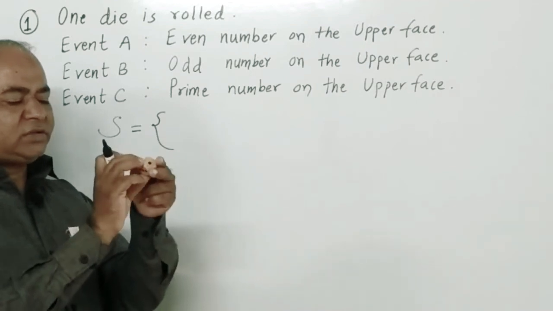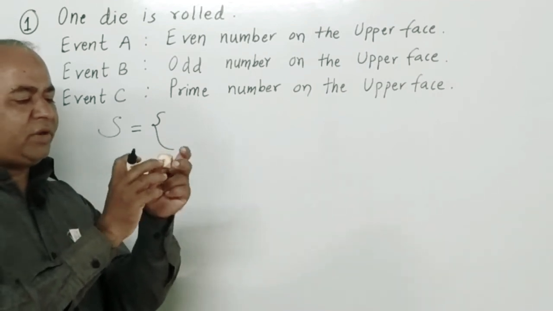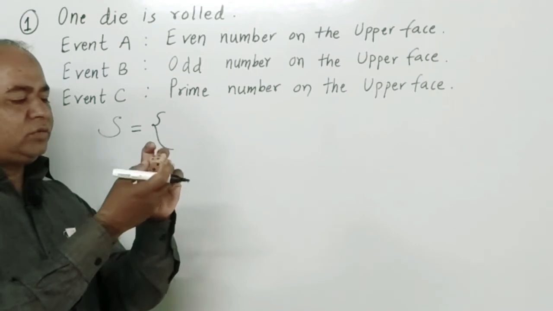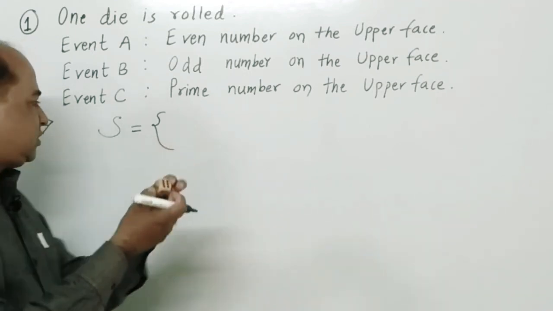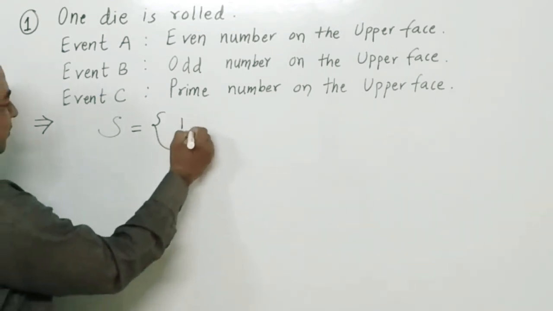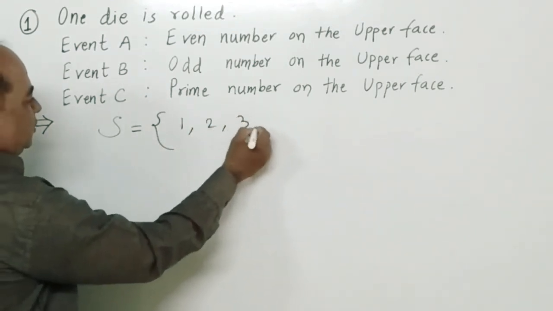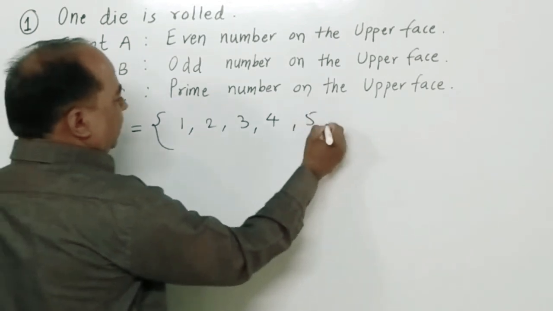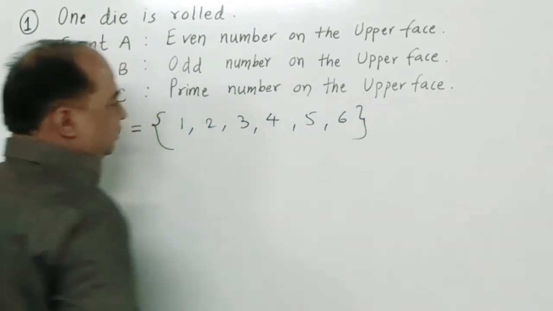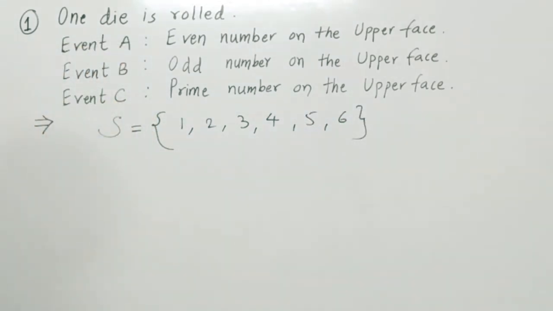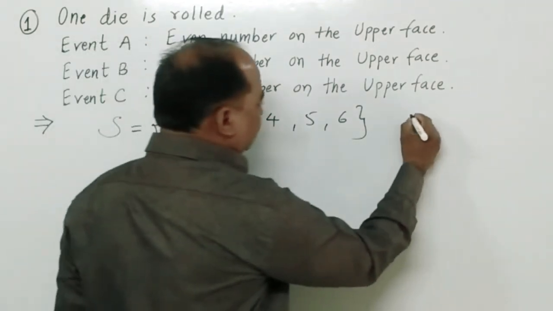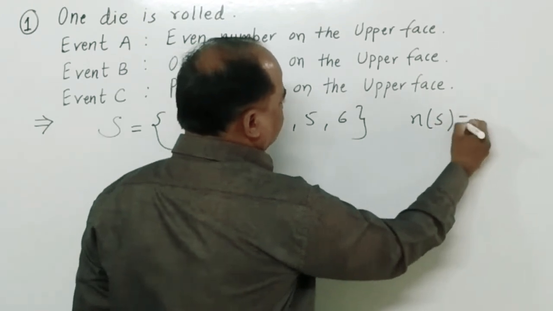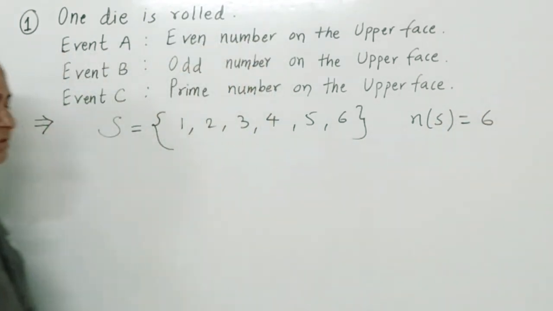So there are 6 outcomes numbering 1, 2, 3, 4, 5 and 6. So here the sample space is {1, 2, 3, 4, 5, 6}. So the number of sample points in the sample space, that is n(S), is equal to 6.